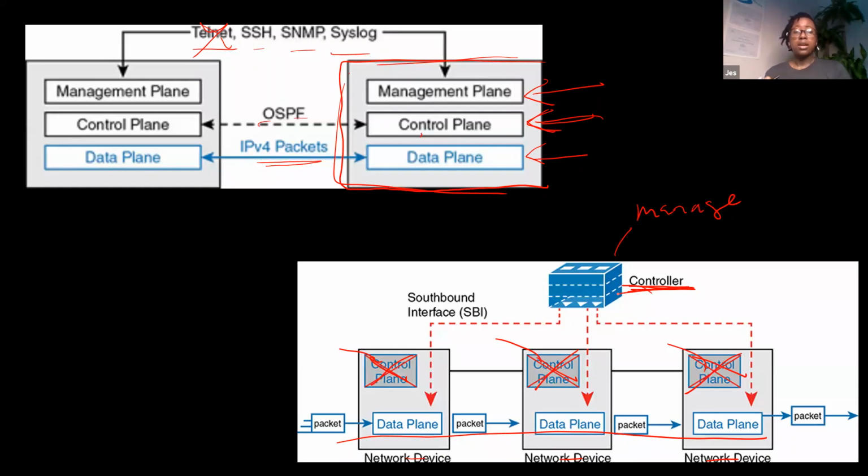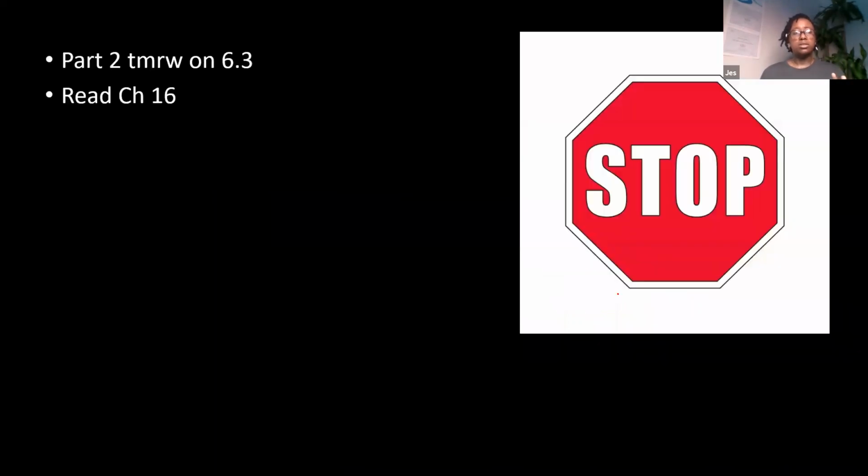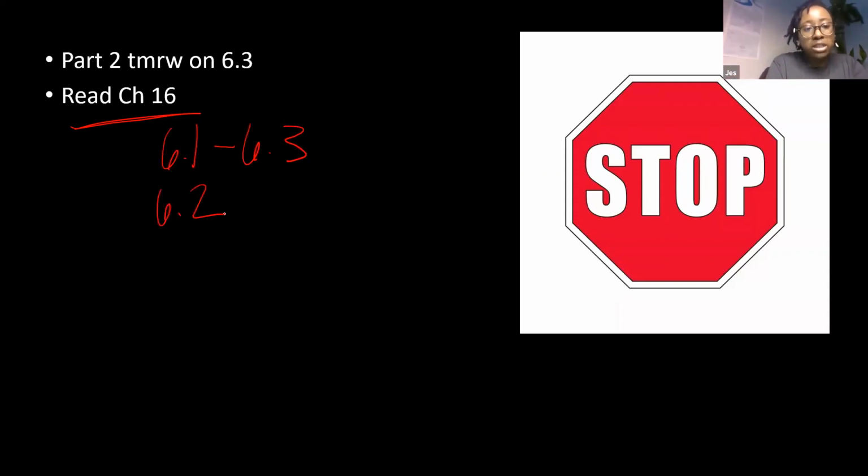Now, we're not going to go on any further, because what I want you guys to do is actually go in and read chapter 16, right? It goes through 6.1 through 6.3. Now, you can read to 6.3 if you want, but the whole purpose is to read 6.1 and 6.2.